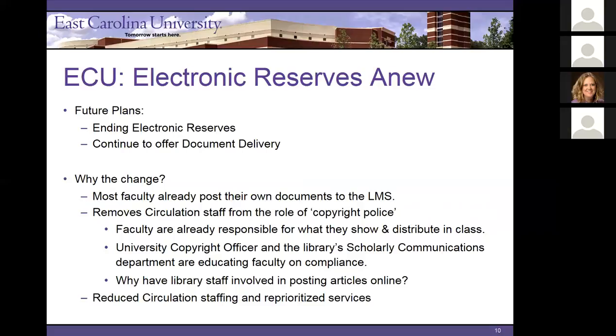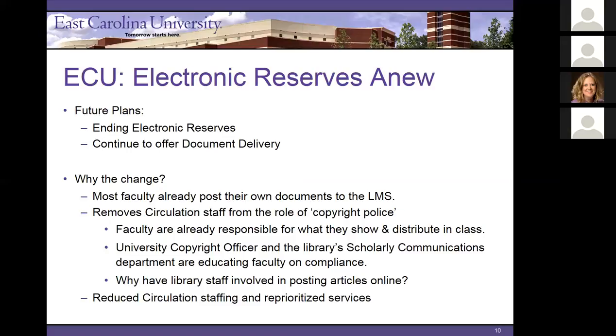We've come to that decision because so many faculty put their own documents into Blackboard that they don't really need us to do so anymore. It removes the library from the role of copyright police. The faculty are responsible to ensure compliance with copyright for what they hand out in their classes and for what they show to their classes and for what they put into Blackboard themselves.